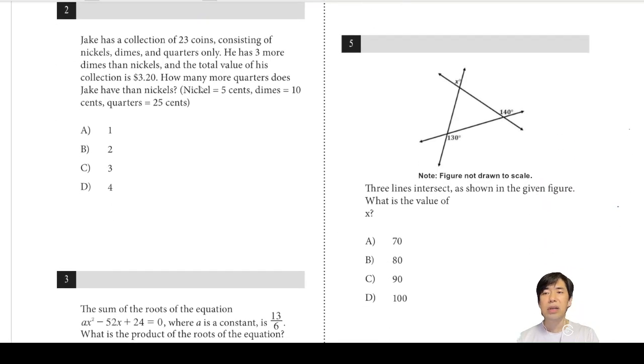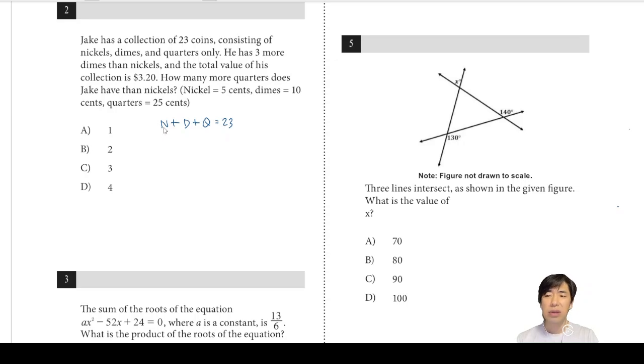Jake has a collection of 23 coins consisting of nickels, dimes, and quarters only. So this is the number of coins. If you represent the number of nickels as N, dimes D, quarters Q, then you can write down this equation: N plus D plus Q is equal to 23. And the value of each is 5 cents, 10 cents, and quarters 25 cents.